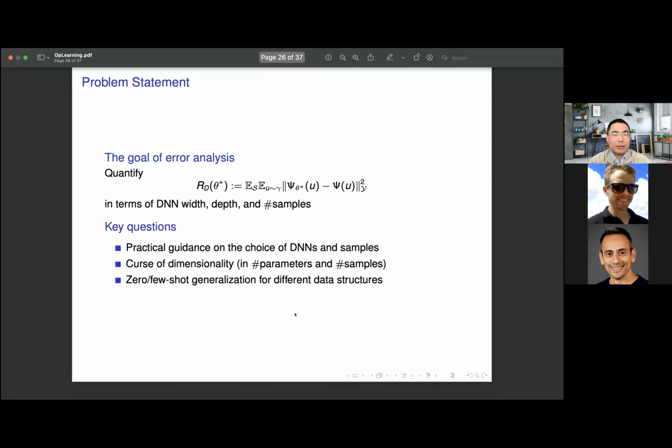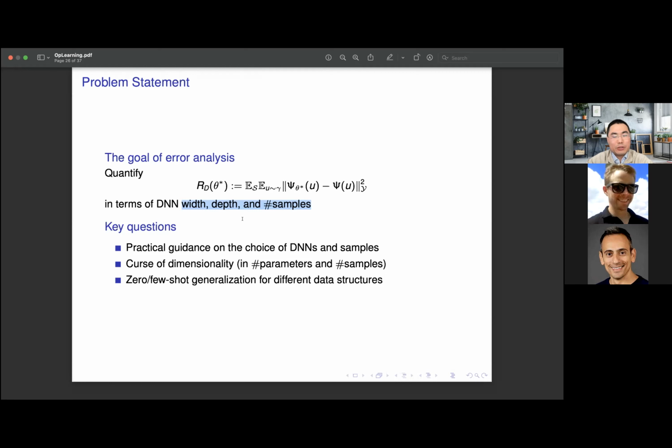So in our theoretical investigation, we want to quantify how large the population loss is if we substitute the global minimizer of the empirical loss function into the population risk. We want to quantify the error in terms of the neural network width, depth, and also the number of samples, because this quantification can help us decide how to choose the network parameters, how to choose the number of samples to achieve a target accuracy.